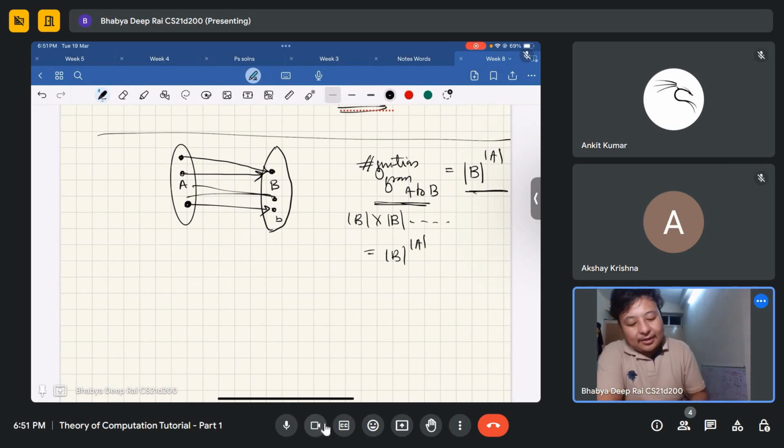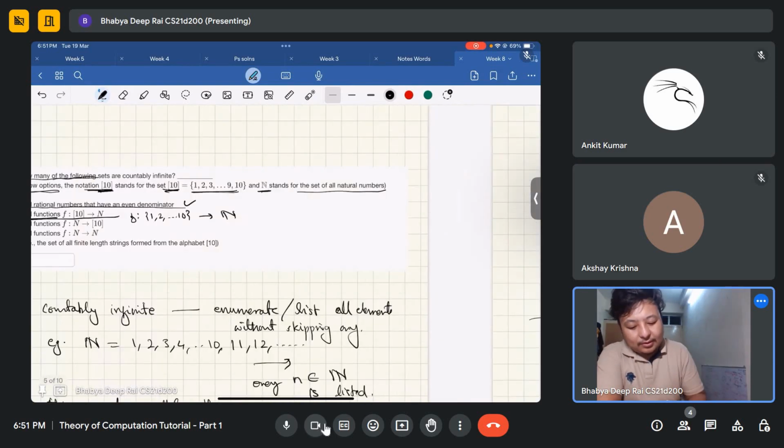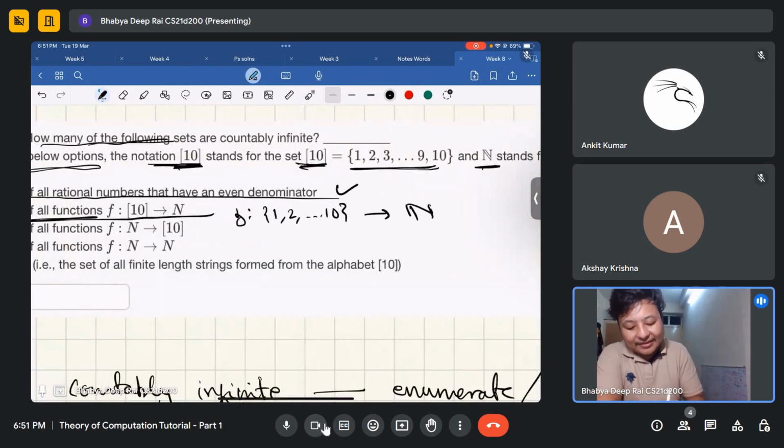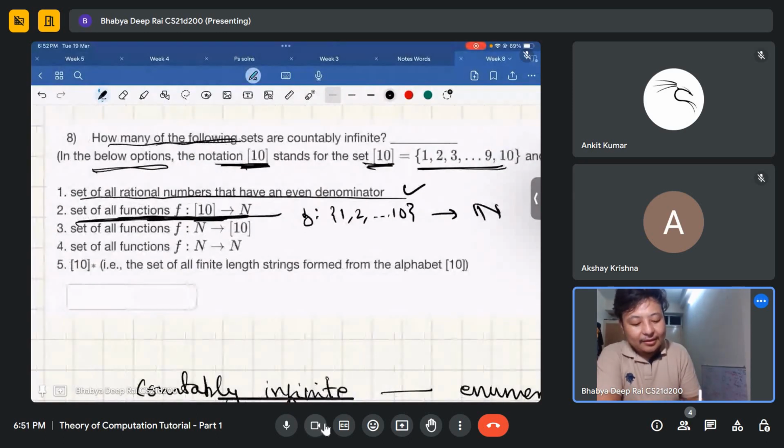Now, what is the number of such functions? What is the size of this set? 10. What is the size of this set?